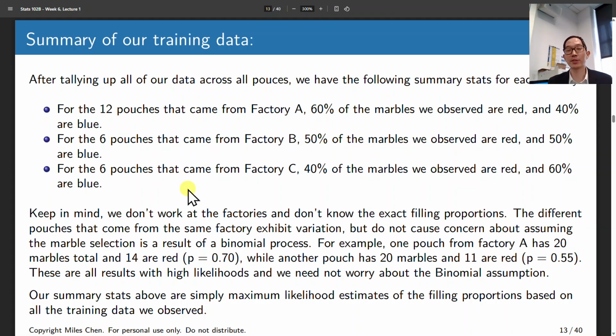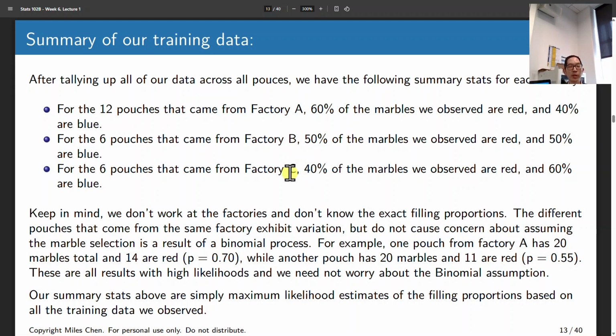And for factory C, 40% are red and 60% are blue. So based on this observed data, our maximum likelihood estimates are basically 60% for factory A, 50% for factory B, 40% for factory C.